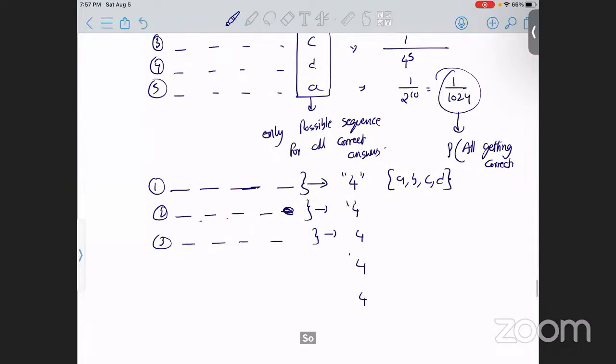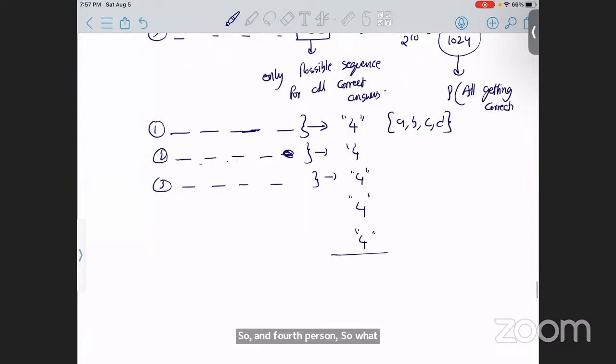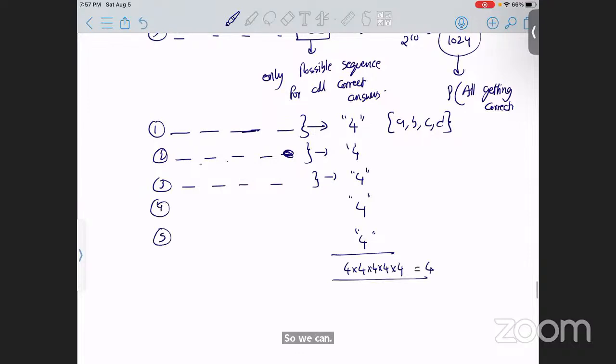So what are the total possibilities? 4 into 4 into 4 into 4 into 4 for 5 questions, which equals 4 power 5.